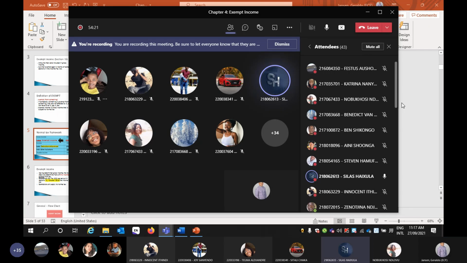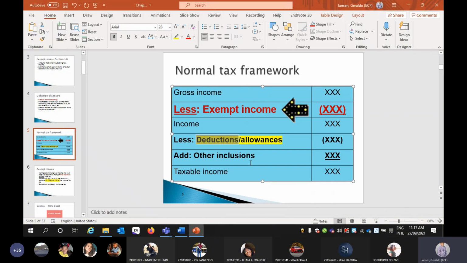The tax authority. How does your mathematics work? How can the government benefit if you are deducting something that is never there? It means taxable income is less, so you will pay less tax. How can the government benefit?